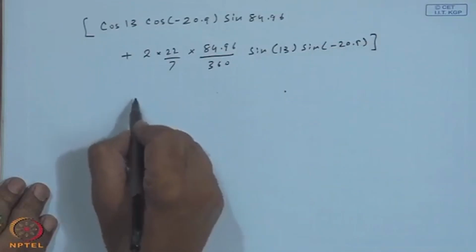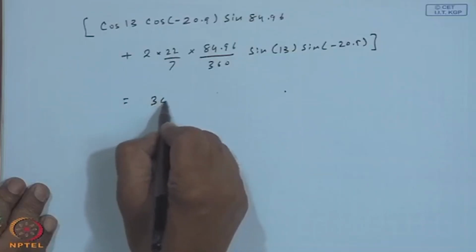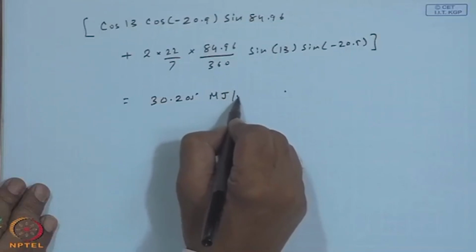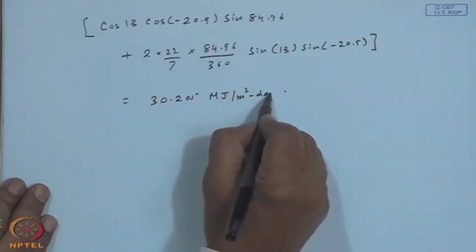So, this comes to 30.205 megajoules per meter squared day.